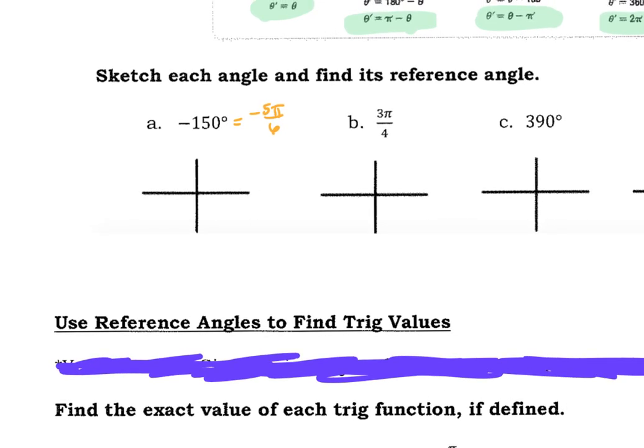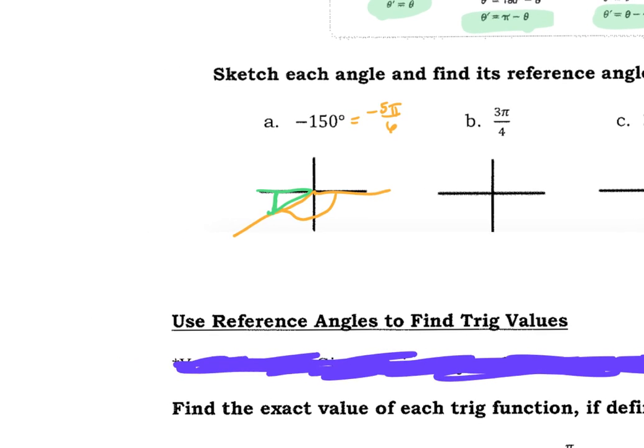So negative 150 degrees, I want you to think about where that's going to be. So negative 150 is about right there. So our reference angle is this angle here. What's that distance from here up to 180? Yep, it would be 30 degrees. So that is a 30-degree reference angle.